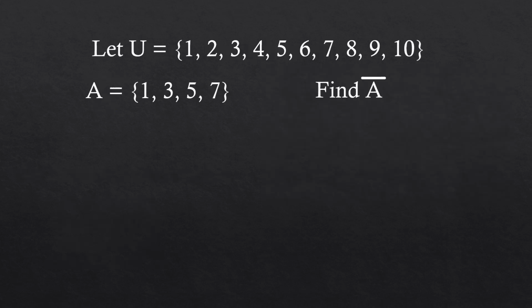So for this example, you have the same universe that we've been dealing with, the numbers 1 through 10. And then they give you a set A, that's 1, 3, 5, and 7, and they tell you to find A complement.